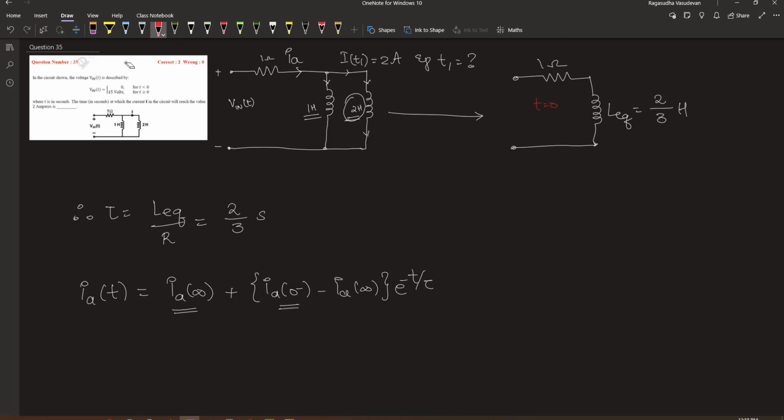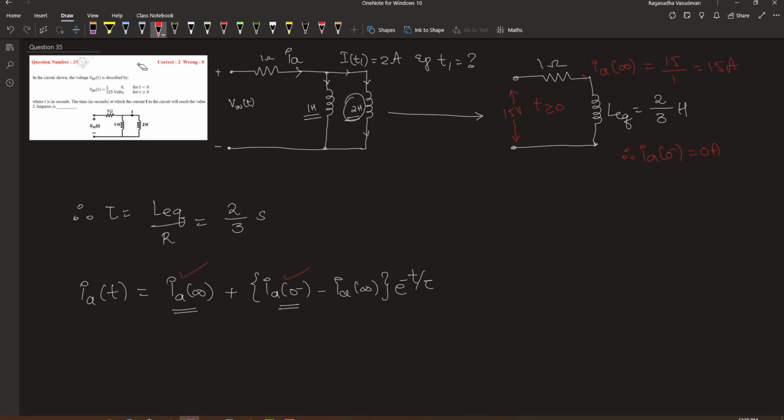At t equal to 0, 0 volt is applied here. Therefore, IA 0 minus is equal to 0 ampere, and when time t is greater than or equal to 0, 15 volt is the voltage that is applied. Therefore, the current IA infinity is equal to 15 volt divided by 1 ohm, 15 ampere.